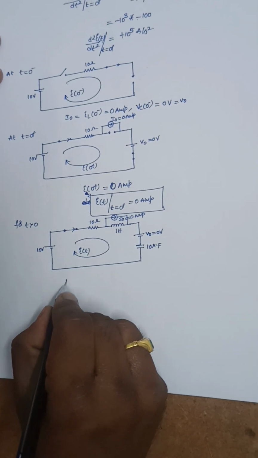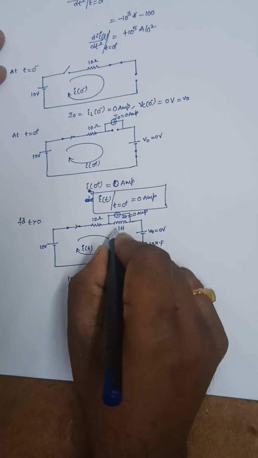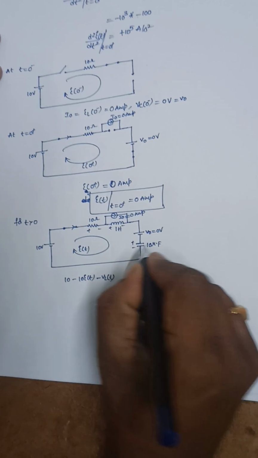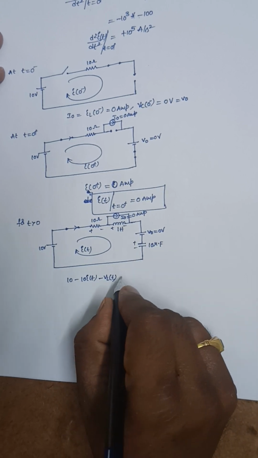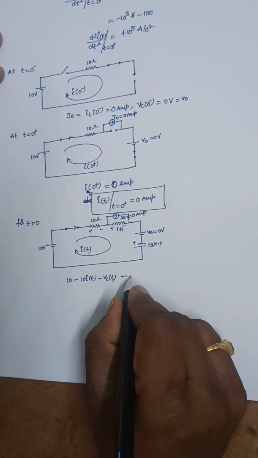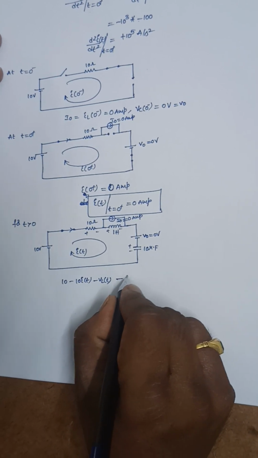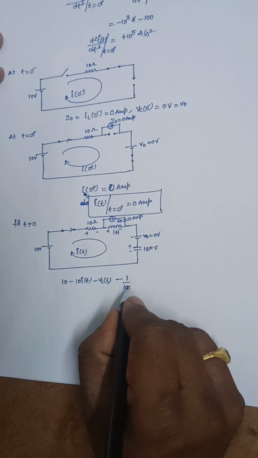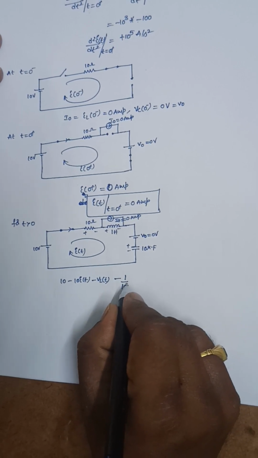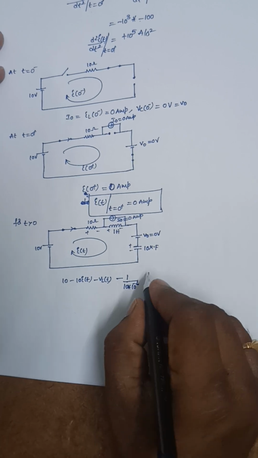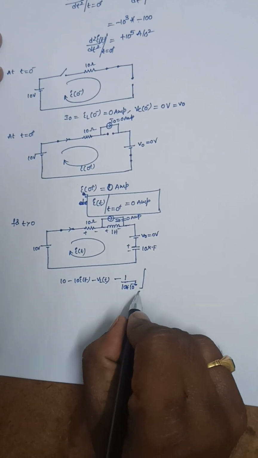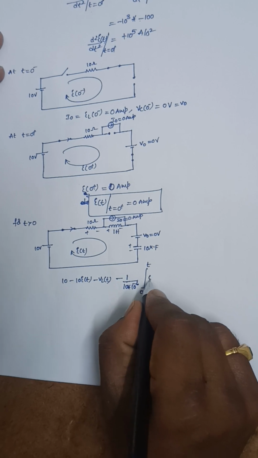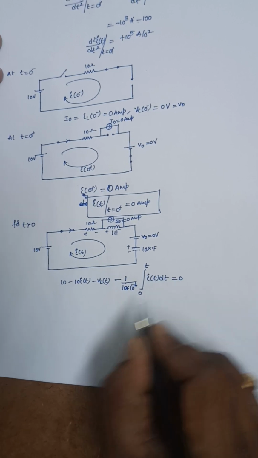Write down the KVL equation here. 10 minus 10 into I of t minus the voltage across this inductor VL of t, since it is 0 volts, and we need to consider the voltage across the capacitance, minus 1 by 10 into 10 power minus 6, integral 0 to t of I of t dt, minus V naught, is equal to 0.